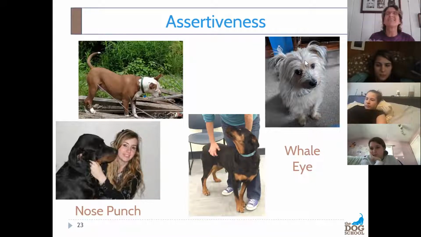His ears are up, and I have been watching his ears more. His ears, particularly the one on this side, are back more. But in general, when he's happy and relaxed, he just has these front floppy ears.